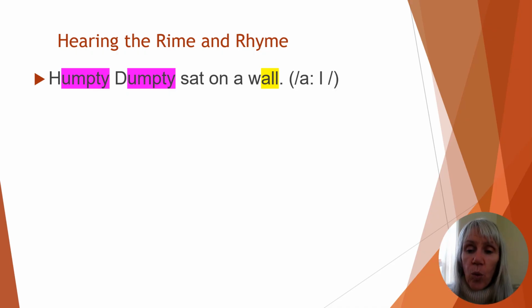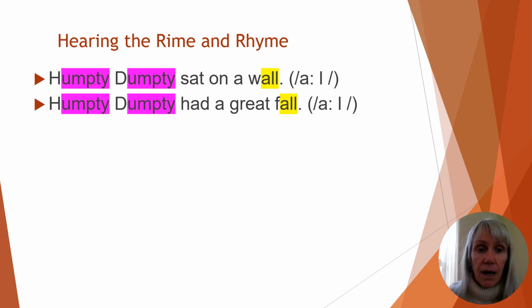Sat on a wall, and you will see the phonetic symbol for that. It's all, all, all. Okay, that's the repeated sound that we're going to be listening for. Humpty Dumpty had a great fall. Fall. Again, the exact same sound, exact same phonetic notation following through on the second line.